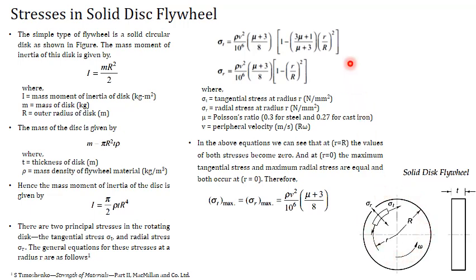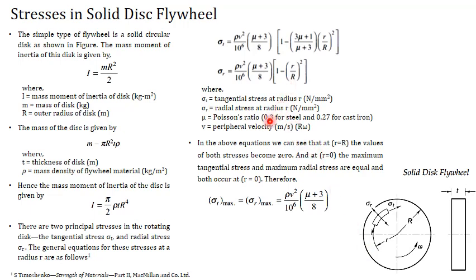Now this formula finds the amount of tangential stress at radius r. So as r varies, the amount of tangential stress will vary. Similarly, the other formula computes the radial stress at radius small r. Now this value can vary from 0 to capital R.